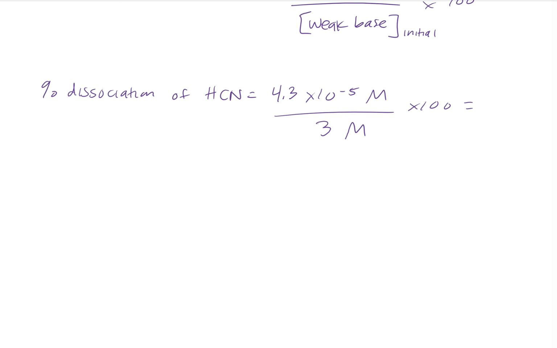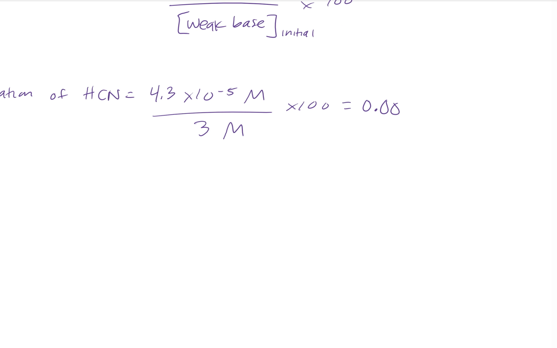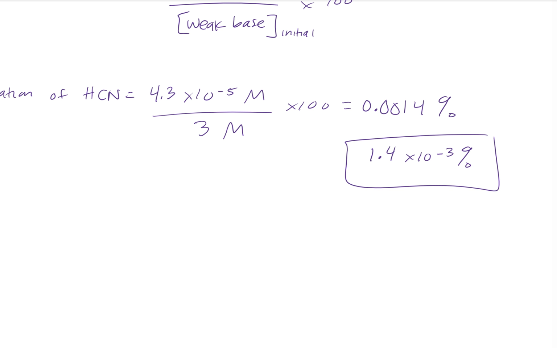We get a percentage of 0.0014%, or you can put it in scientific notation, 1.4 times 10 to the negative 3 percent dissociated. So this is definitely following that 5% rule. Hydrocyanic acid only dissociated by 0.0014%, well less than that 5% and really less than that 100%, and that's what makes it a weak acid.